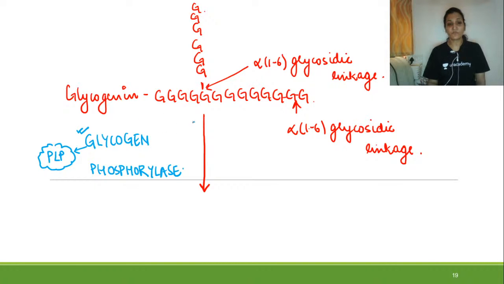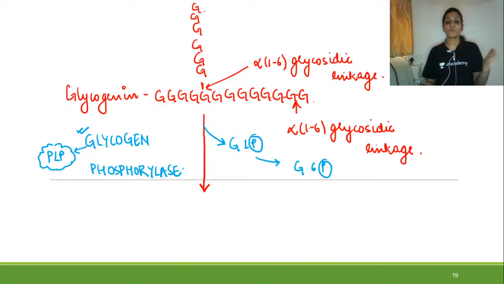So there will be removal of what in this process? There will be removal of glucose 1-phosphate. Glucose 1-phosphate will further change to glucose 6-phosphate by isomerase. Whenever there is removal of these glucose molecules, there will be formation of another intermediate, its name is limit dextrin.